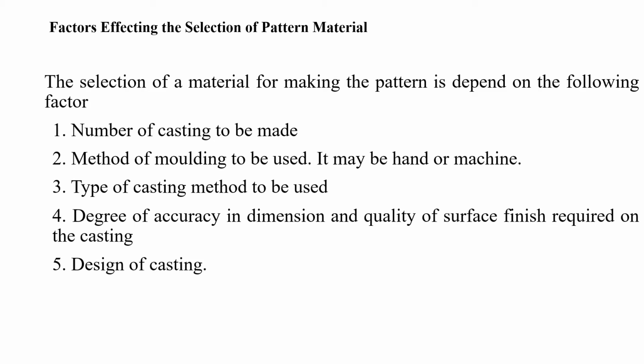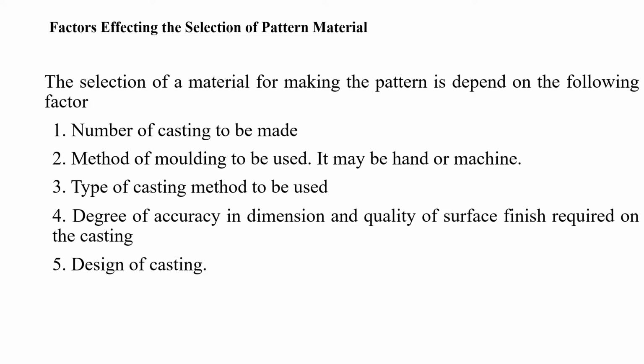The factors to consider when selecting the material to use in a pattern: we need to consider the number of castings, the method that will be used, whether by hand or machine, and the type of casting method.